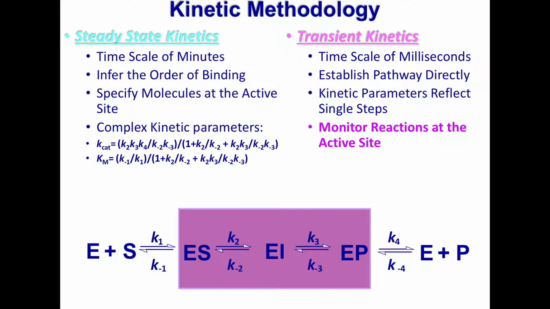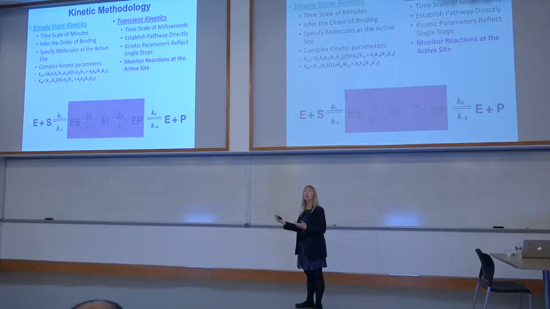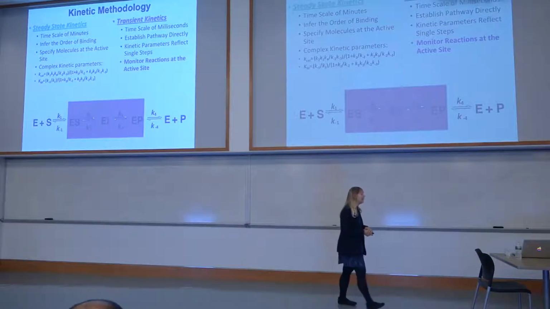The approach that we use is called transient kinetics. This is certainly important to get a first look at the mechanism, but it gives you a handle on reactions occurring at the active site of the enzyme, and importantly, it allows you to monitor both the rate of chemical catalysis as well as whether there might be conformational changes associated with catalysis.